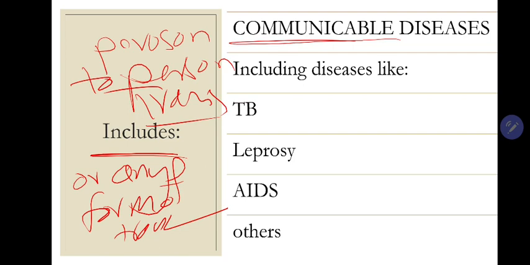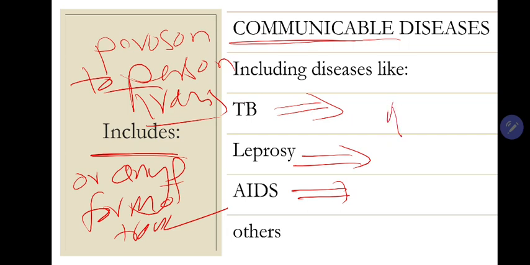So communicable means infectious diseases that are transmitted either from person to person or any form of other transmission. And these include, for example, tuberculosis, leprosy, acquired immune deficiency syndrome, AIDS, and others. All of these infectious diseases are chronic diseases.